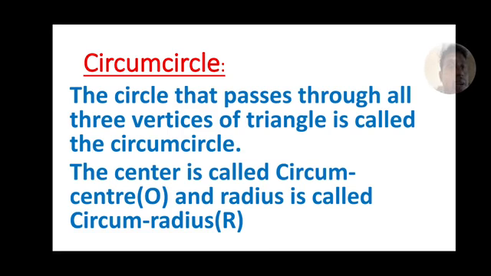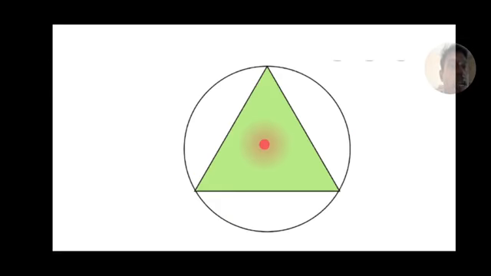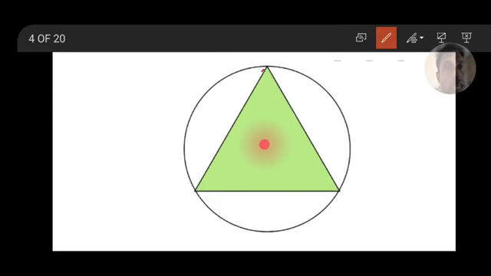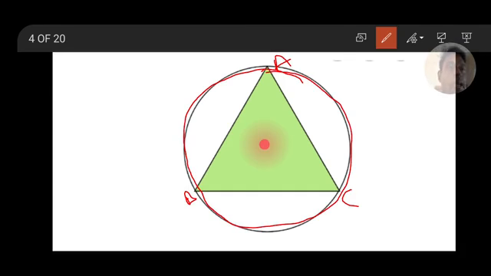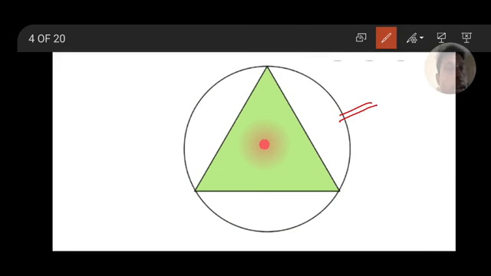How will it look? This is a circumcircle. Suppose this is a triangle ABC. The circle which is passing through all three vertices A, B, C of the triangle is called a circumcircle. This midpoint is called the circumcenter, denoted by O, and this is the radius.